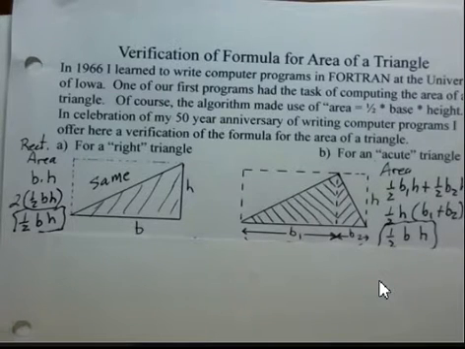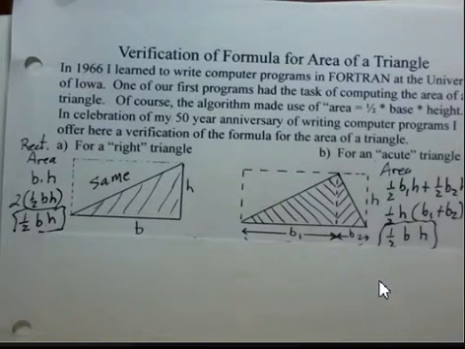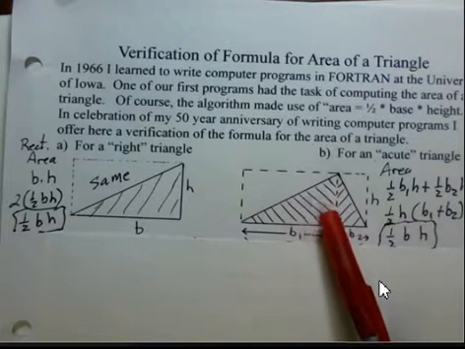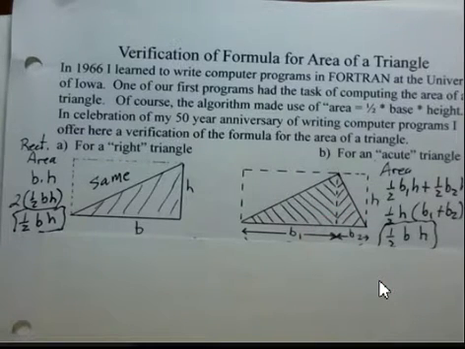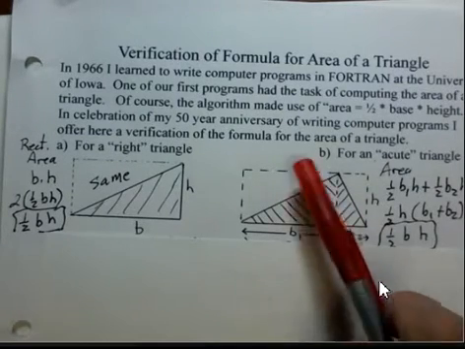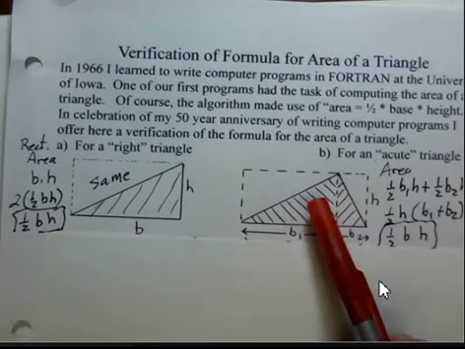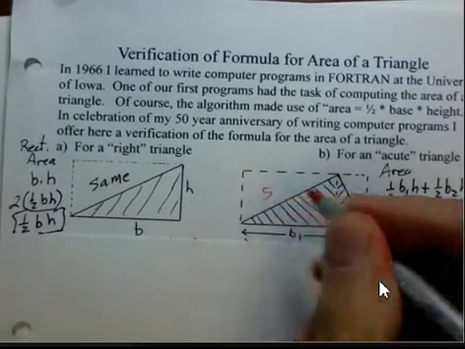So let's try a different type of triangle, an acute triangle, where all the angles are less than 90 degrees. Again, I'm going to make use of what we just developed. We have this acute triangle and cross-shading two right triangles inside it. Each of these has its own rectangle, and again, the cross-hatched area here is the same as the area up here.